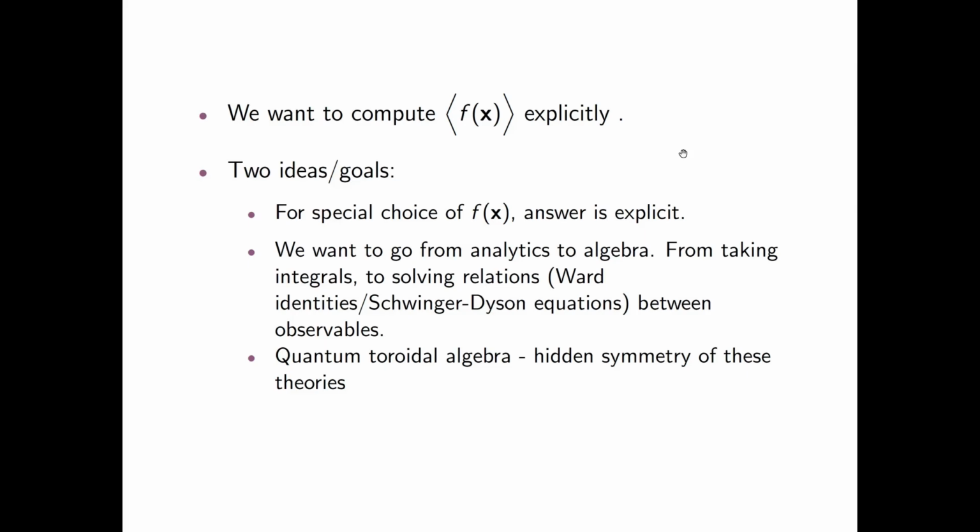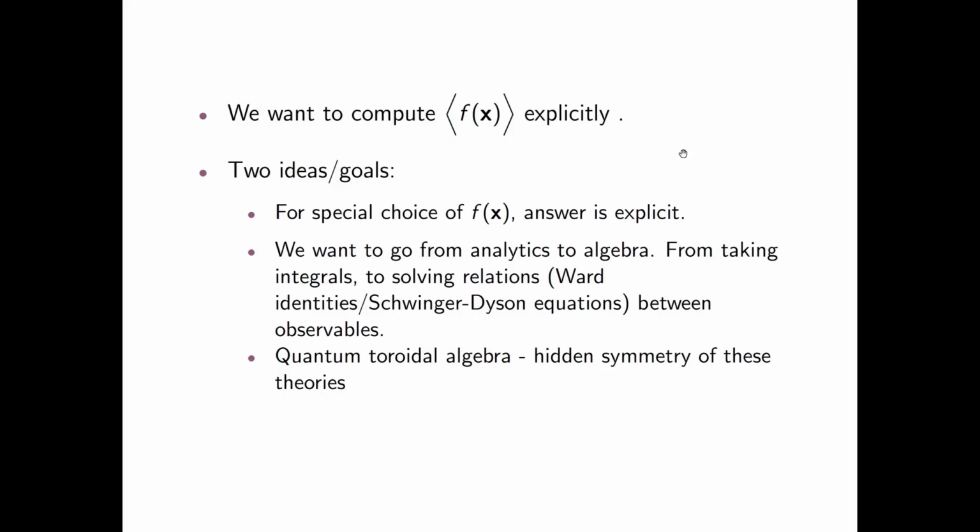And again, this is part of a general QFT idea of using relations between observables. So instead of computing observables exactly, computing them from relations between them. Relations like that are called either Ward identities or Schwinger-Dyson equations. So we'll see an exact example.